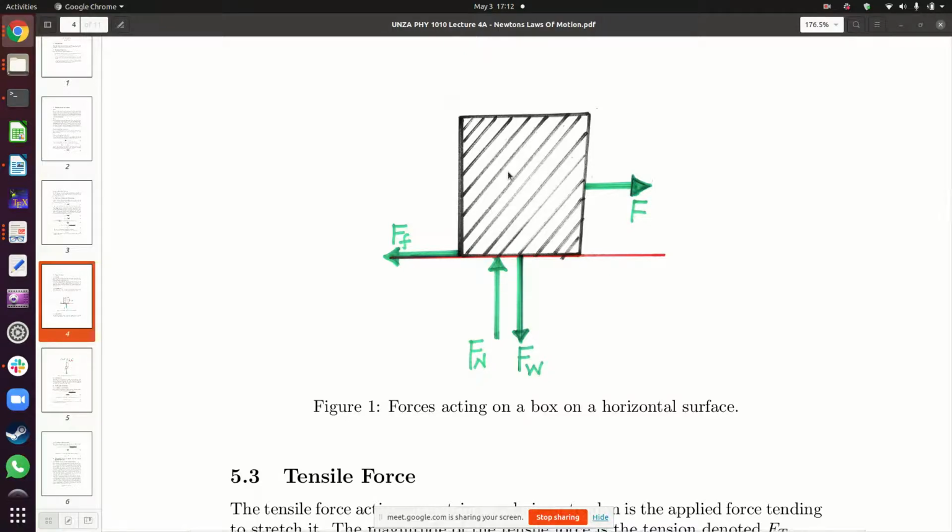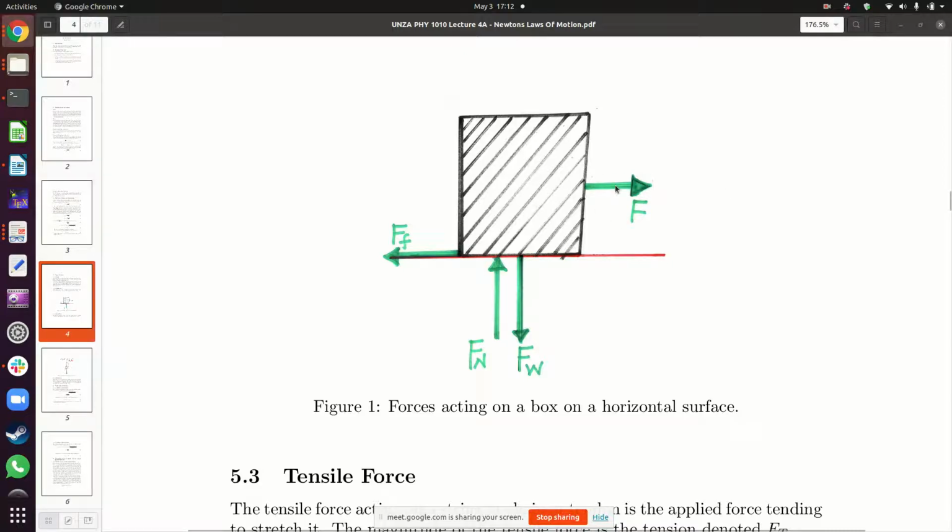So at the end of the day, because the weight of the box and the reaction of the flat surface pushing against the box are equal but opposite, this particular box does not sink or lift off the horizontal surface. There is also another force, which is F, the force pulling the box in this particular direction here.